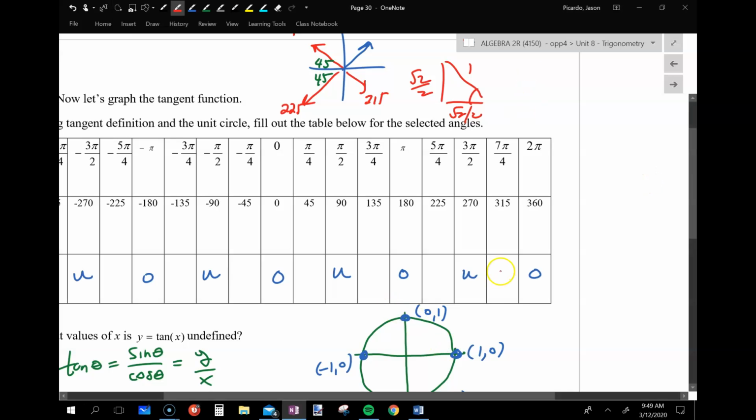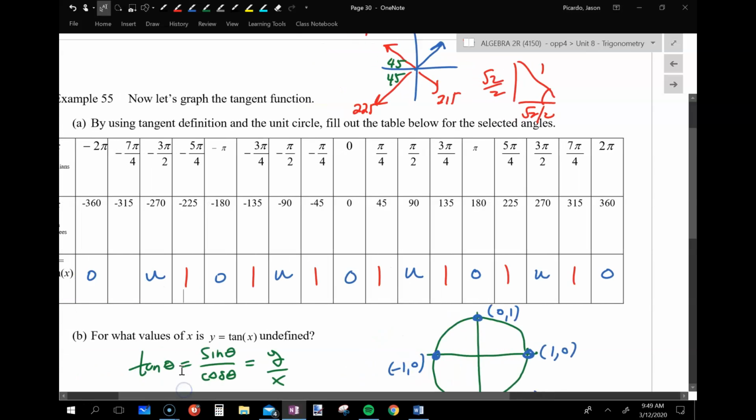Now here's the question we got to figure out. Let's put 1s in all these. Now we got to figure out if these 1s are going to be positives or negatives. Because what do I know? Depending on the quadrant, some are positive and some are negative, right? So in which quadrants is tangent positive? Is it positive in quadrant 1? Yes. Is it positive in quadrant 2?